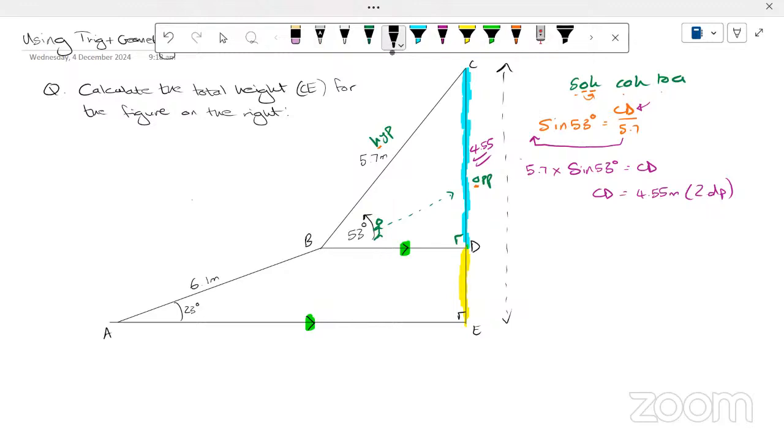If these two are parallel and I draw a line down here, then the length of this side would be exactly the same as DE.